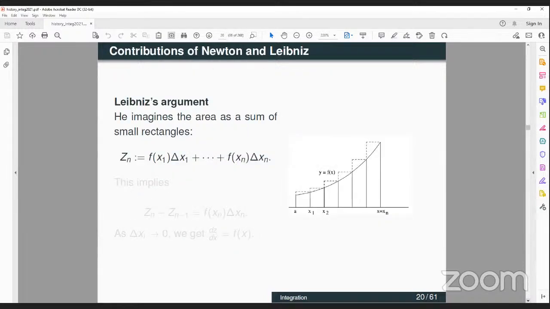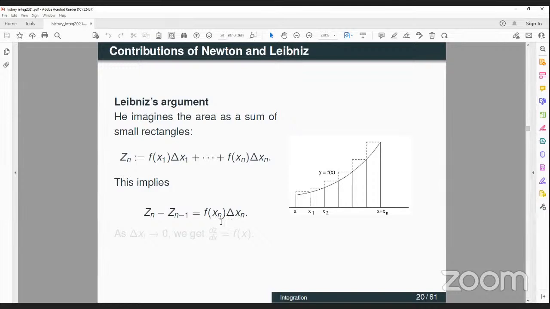Leibniz interpreted the integral as area as a sum of rectangles. He said you take points x1, x2, ..., xn and form these rectangles, and form the areas of the rectangles. If you call Zn the area up to n, then Zn minus Zn-1 is approximately f(xn) delta xn.